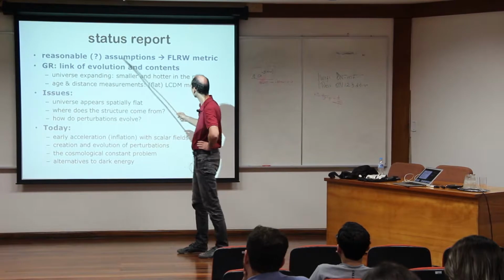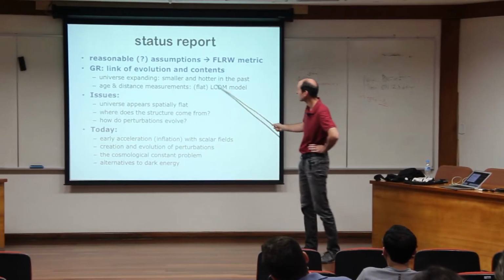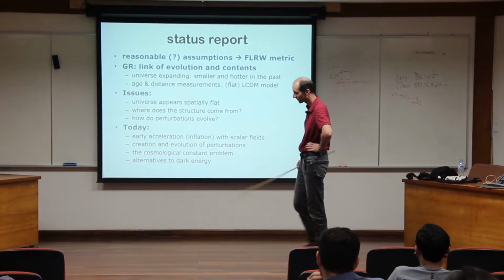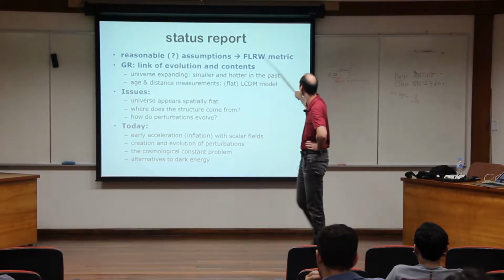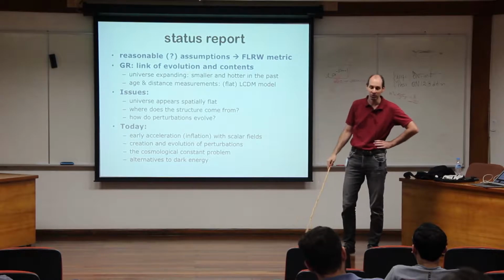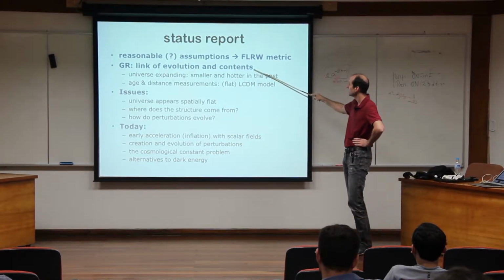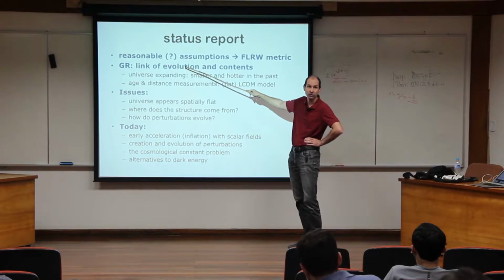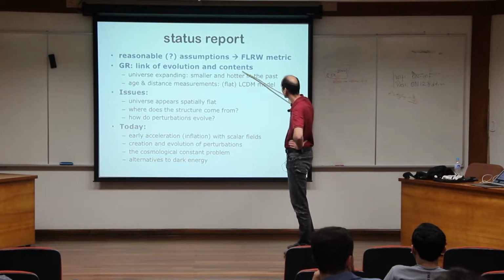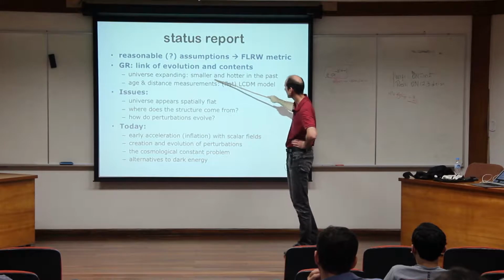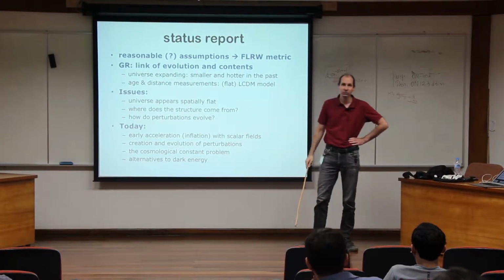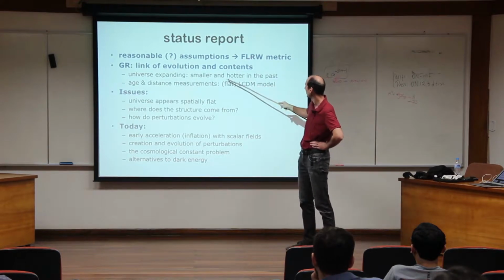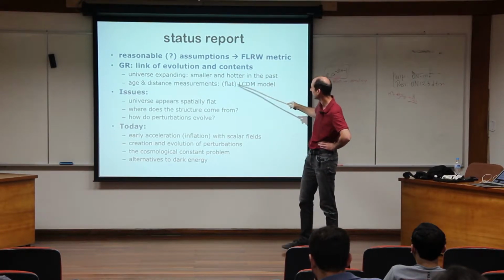Okay, so today we will continue from yesterday. Yesterday we introduced the Friedmann-Lemaître-Robertson-Walker cosmology with the isotropic and homogeneous metric, and we looked at the link between the evolution, so the expansion of the universe, and the content of the universe. We said the universe is expanding, so one consequence is that it was smaller and hotter in the past.